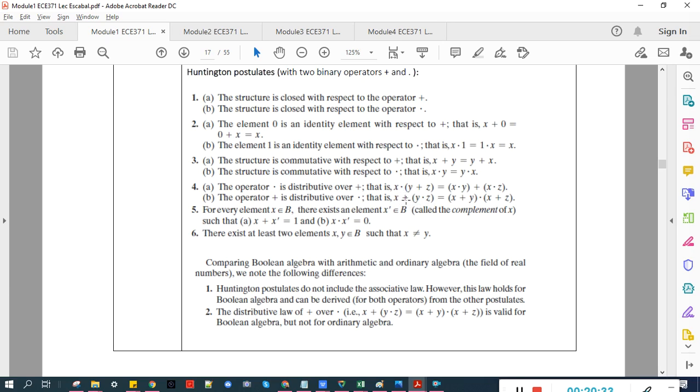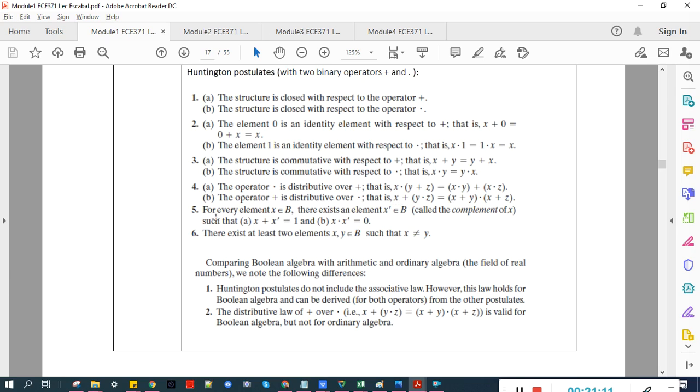We can't add x to y times z. But in Boolean algebra, we can distribute this operation. This is equal to x or the quantity y and z is equal to x or y and the quantity x or z. So this is only for Boolean algebra. This is true for Boolean algebra. Take note of that.